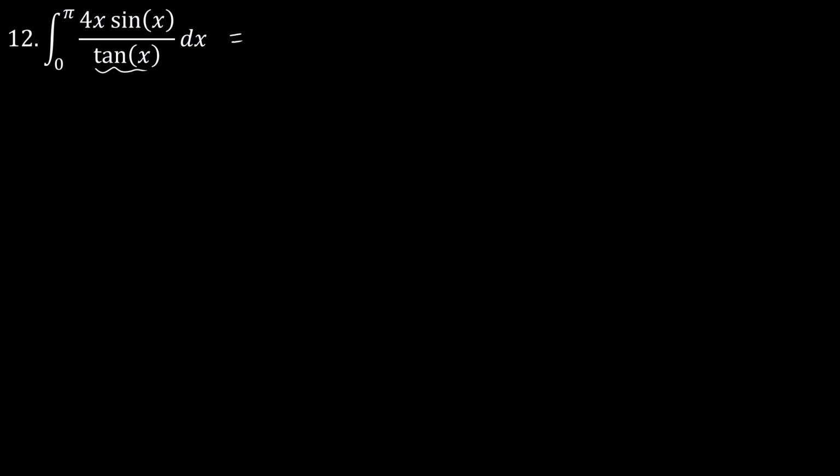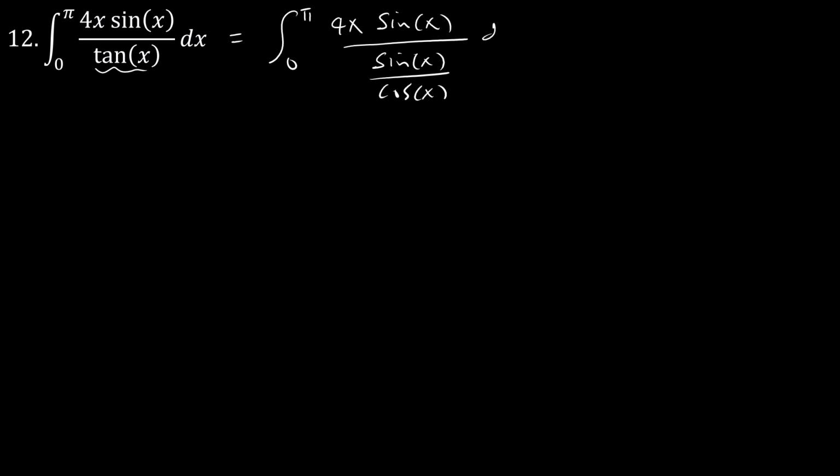So which will be 0 to pi of 4x sine of x over sine of x over cosine of x. As you can see, this and that cancel, so our problem now becomes 0 to pi of 4x cosine of x.